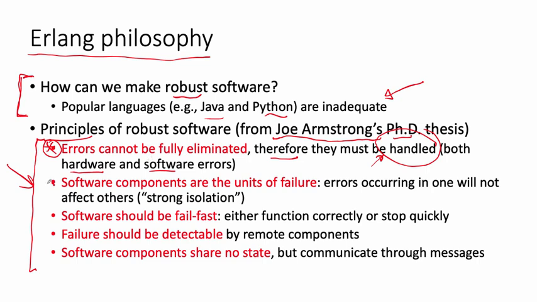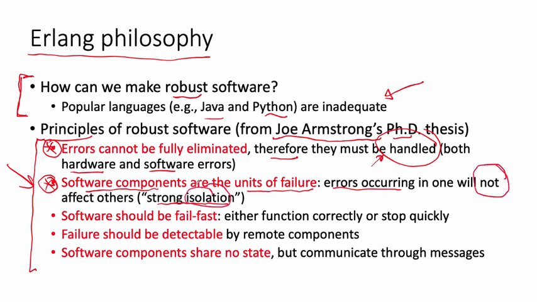Okay? So the second principle is the unit of failure: we need strong isolation. We divide our system into parts, into boxes, components, and when one of the boxes fails, the others do not fail. So it's a unit of failure. An error occurring in one component will not affect the others.